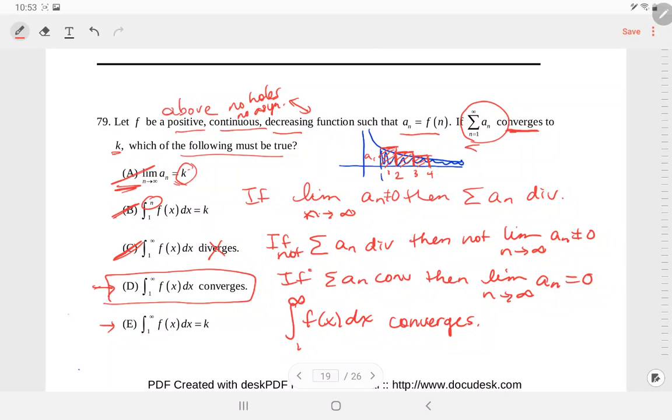So the series is actually the left endpoint Riemann sum: 1 times a_1 plus 1 times a_2 plus 1 times a_3, etc. It's very interesting. You can also do the right endpoints instead, and then it just has a different start.